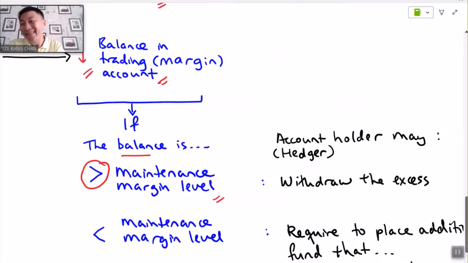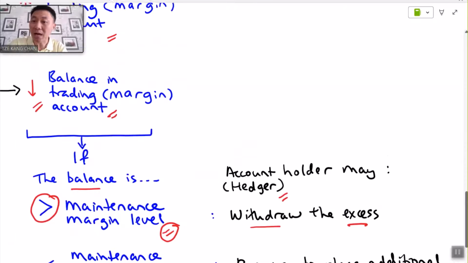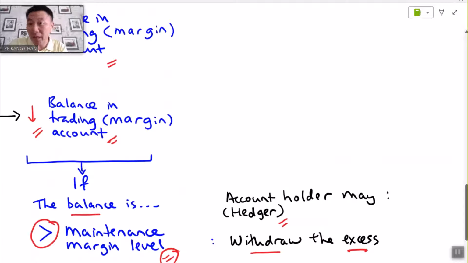Well, when the balance exceeds the maintenance margin, the account holder, to be more precise the hedger, may withdraw the excess for other uses. Otherwise, all the amount found in the account balance, including all the additional deposits, or what we call variation margin, deposited in the account, will earn some additional return, which is the interest.